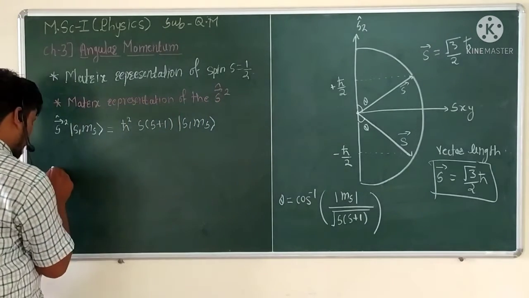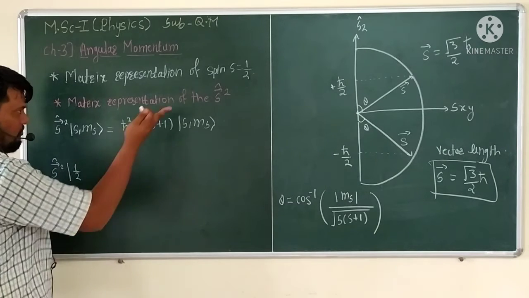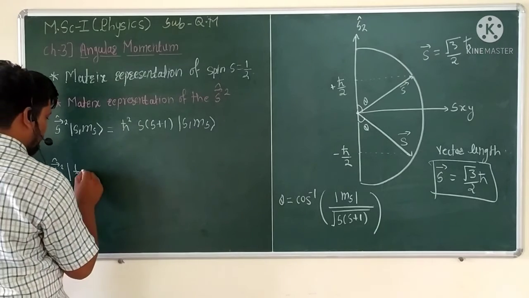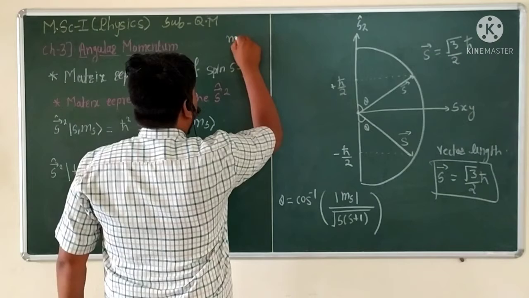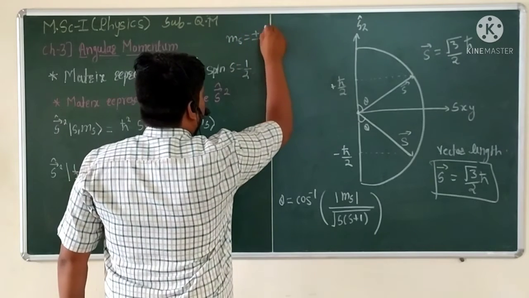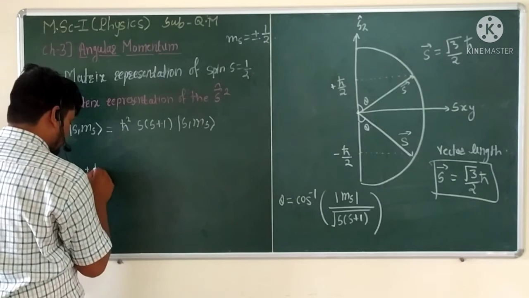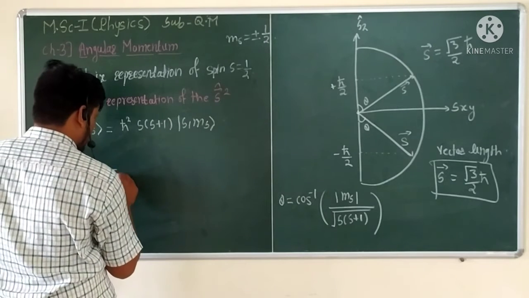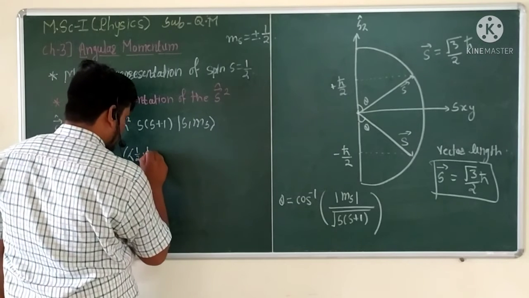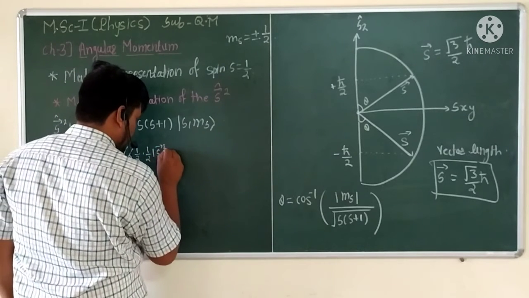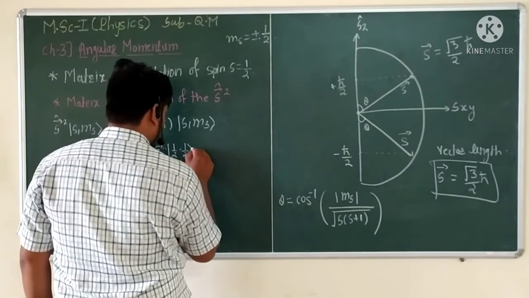So this is nothing but s cap square, where the spin value s is half. And the ms value, because we have to know that s is equal to half, is nothing but plus or minus 1 by 2. So half comma plus or minus 1 by 2, and this is the matrix representation of s square with bra of half comma half.